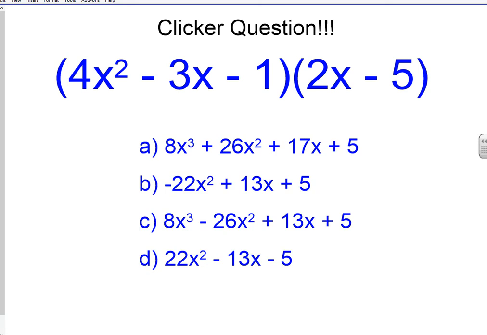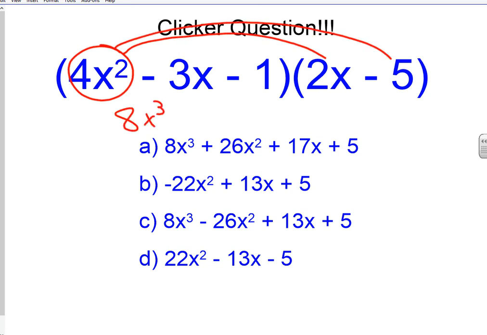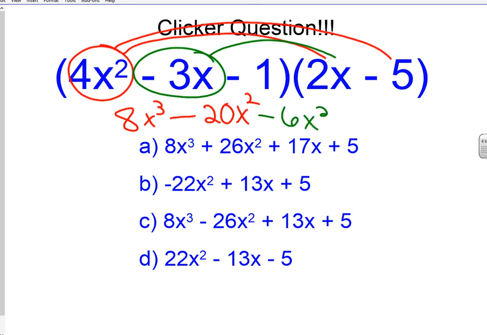The trickiest part about this one is I could super distribute it, where I take the first term over: 8x cubed, first term over negative 20x squared. I could then do the middle term. That would give me negative 6x squared, positive 15x, and then I could do the last term.